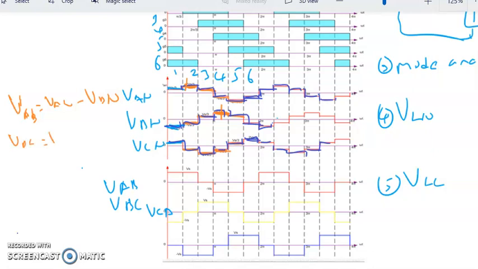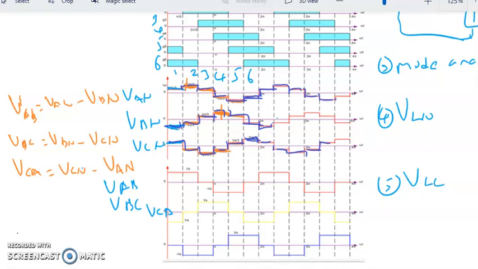VBC is equal to VBN minus VCN, and VCA is equal to VCN minus VAN. VAN minus VBN, VBN minus VCN, VCN minus VAN. So you minus the above.